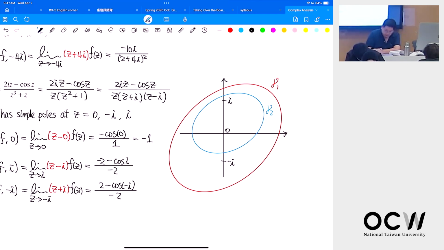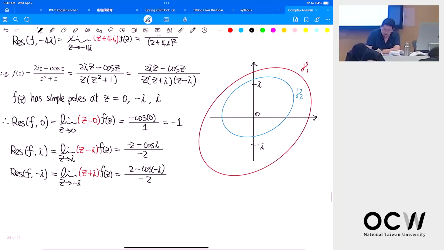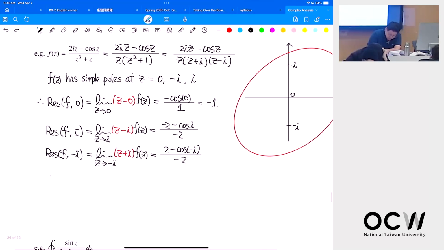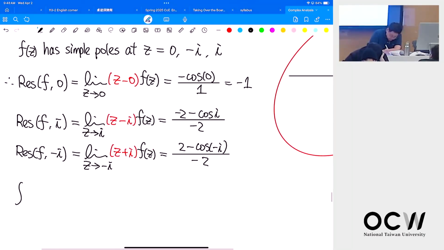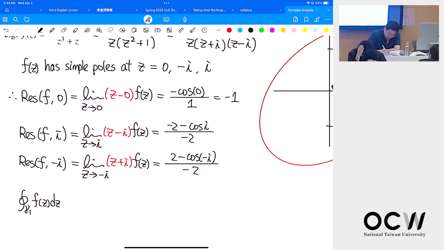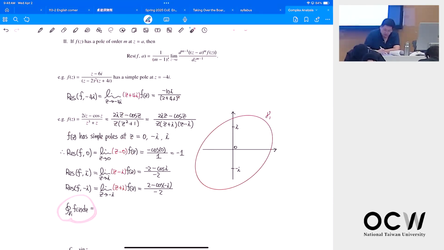Suppose we just have curve 1. Now this is my curve, gamma 1. So what is the circular integral here? We check first that the curve is here.